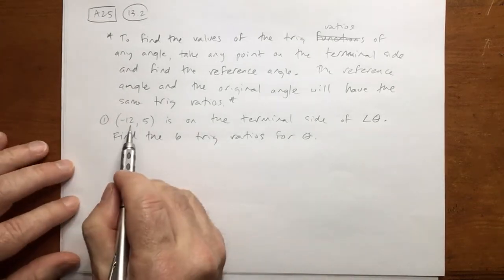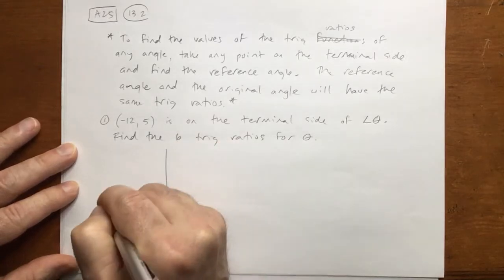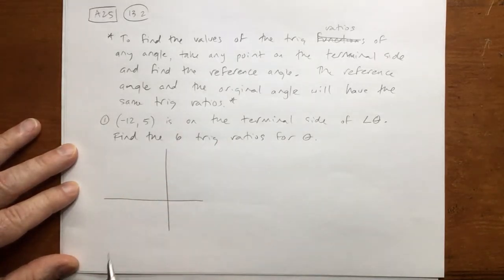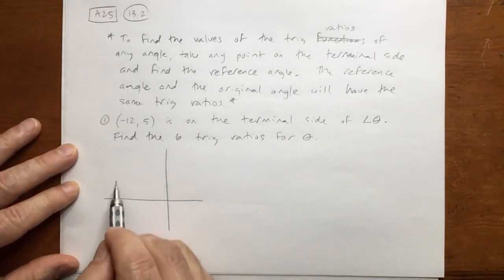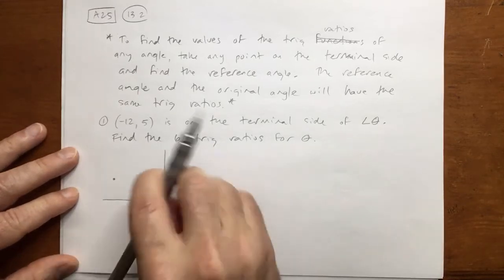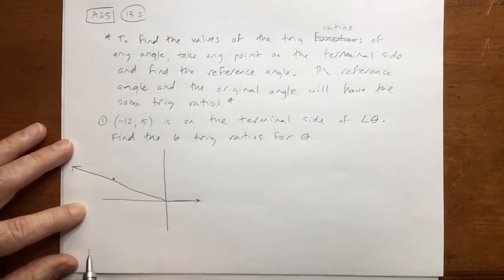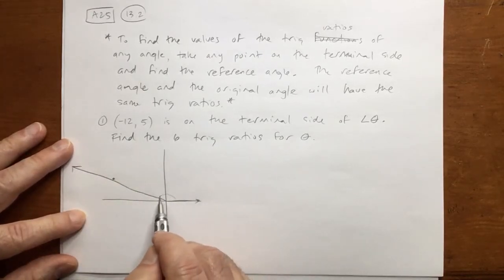Okay, so let's plot that point. Just do it approximately. It's not important to make this a work of art. Okay, so negative 12, 5, somewhere around there. We took a ray and rotated it. Here's the initial side. There's the terminal side. So here is theta.